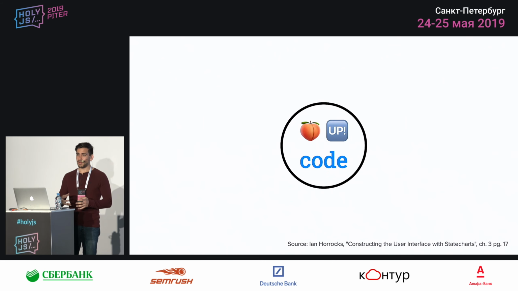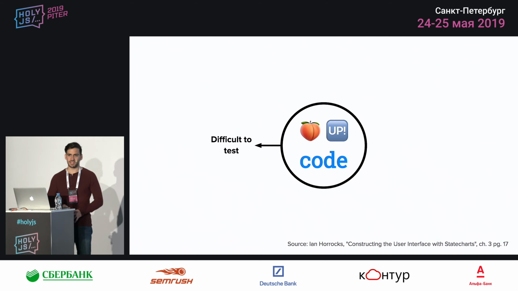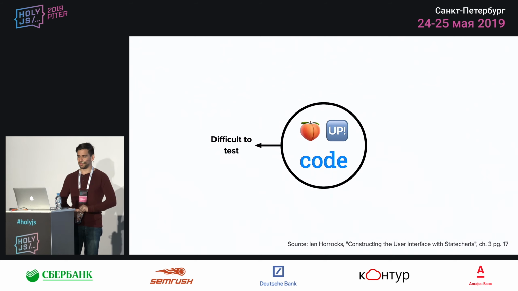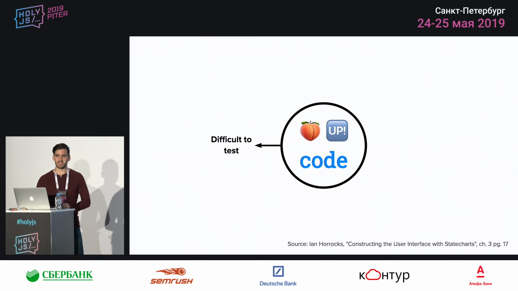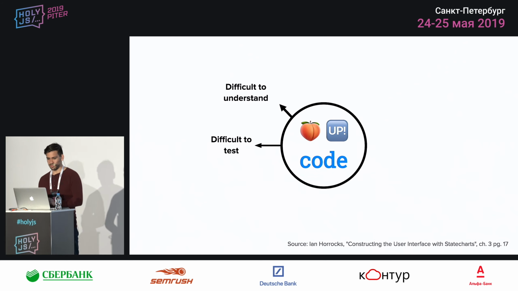So this bottom-up approach is typically how we start coding apps, and it is a source for a lot of complexity. And so there's a problem with this event handler-driven bottom-up code. First of all, it's difficult to test, because all of the logic in our app lives inside each one of those event handlers.